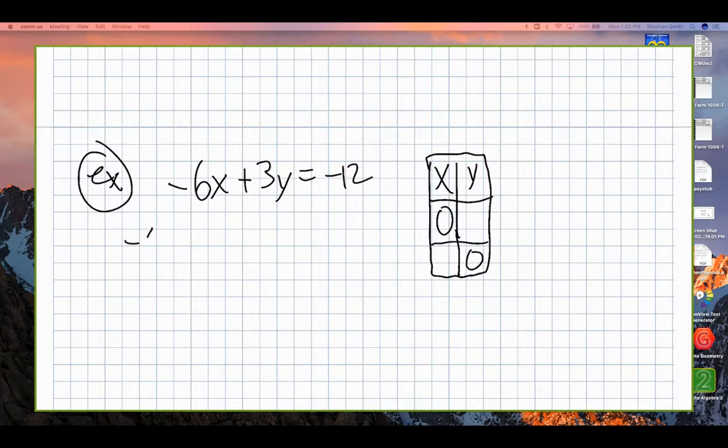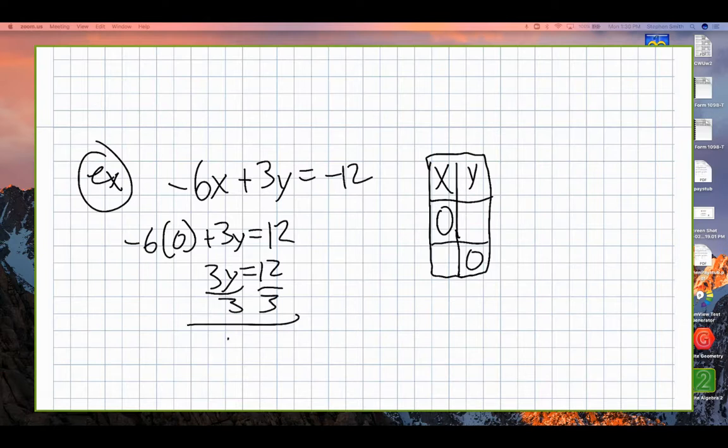The first one, a 0 goes in for x. We end up with 3y equals negative 12. Divide both sides by 3. Y equals, oops, sorry, I dropped my negative here. That is a negative 4. Y value of negative 4.